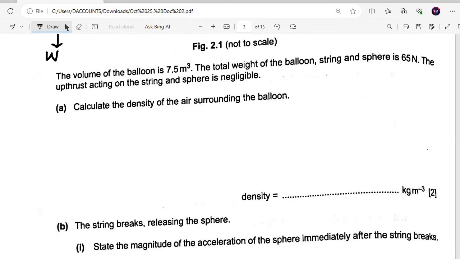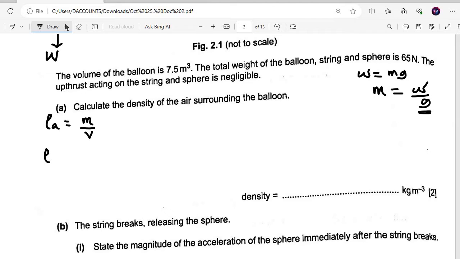Density of air is mass over volume. And since we are given weight, weight is mg, so the mass is weight over g.